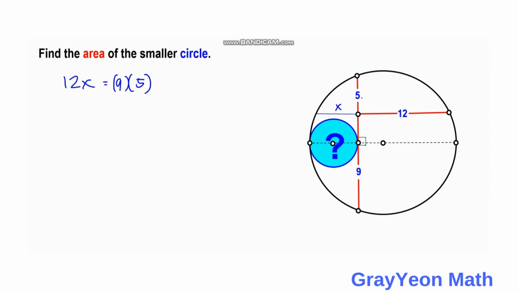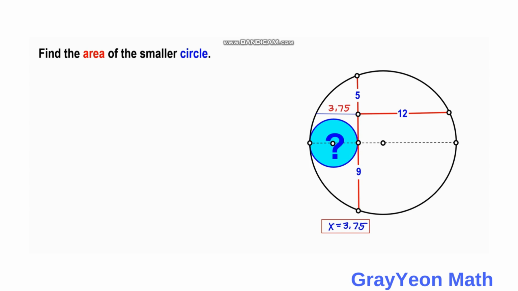So 12x is equal to 45. And if we divide both sides by 12, we get x to be 3.75 units.